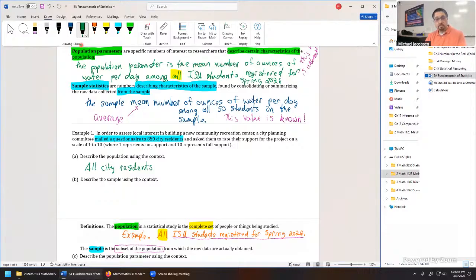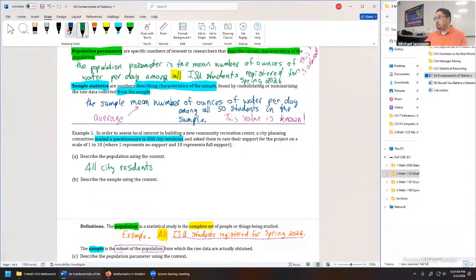We want to assess everybody's opinion on building the new community center, how much support they're going to have. But if this is a really big city, maybe something like, say, San Fernando, a place with millions of people, this could be really hard to assess. So I don't know if this was the best sampling design, but what they are doing is they're going to mail a questionnaire to 850 city residents.